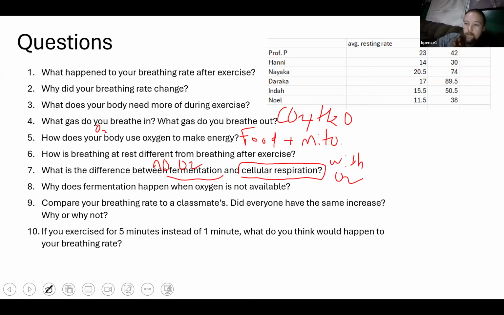Also with Daraka, you're also smaller than me, so you're having to breathe in much faster and even more in order to get the oxygen in your body because your lungs are smaller. That make sense? Noel, you seem like a pretty large child compared to everybody else in the room. So again, your lungs are probably much bigger than Nayaka's and Daraka's.